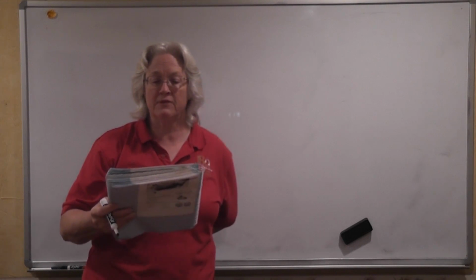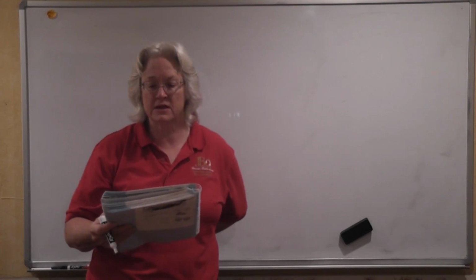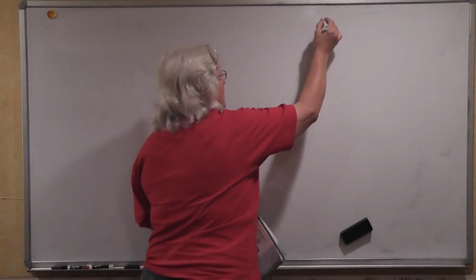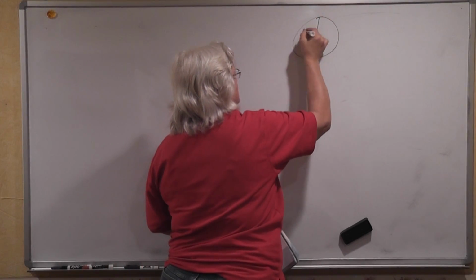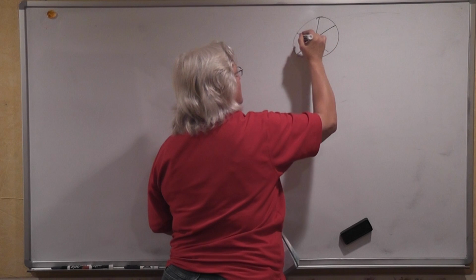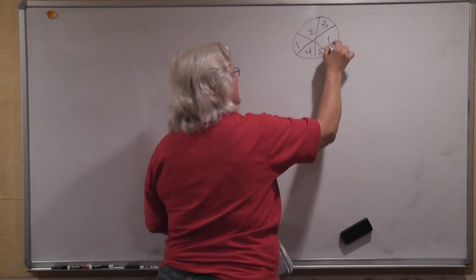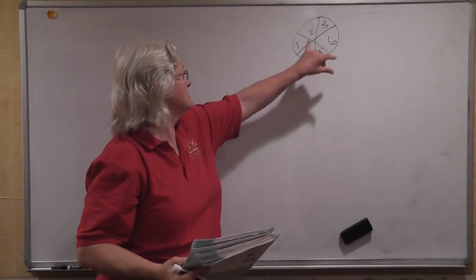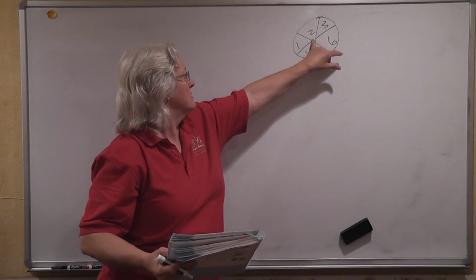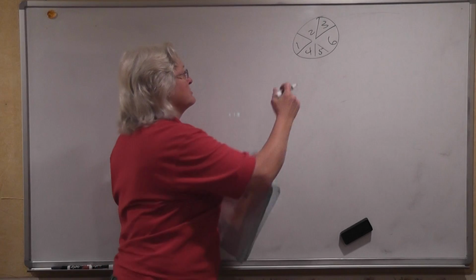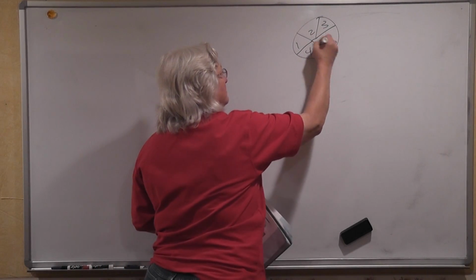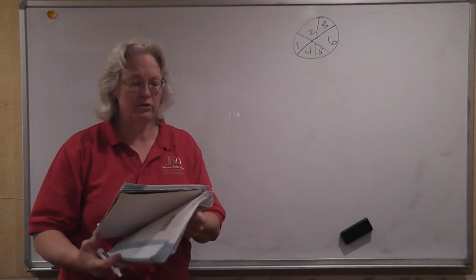Find each of the following probabilities. So this is a spinner, and we have 6 choices. And that is a horrible spinner, but we're going to say that it's even. And we have 6 possible choices of numbers that we're going to draw. 1, 2, 3, 4, 5, 6.